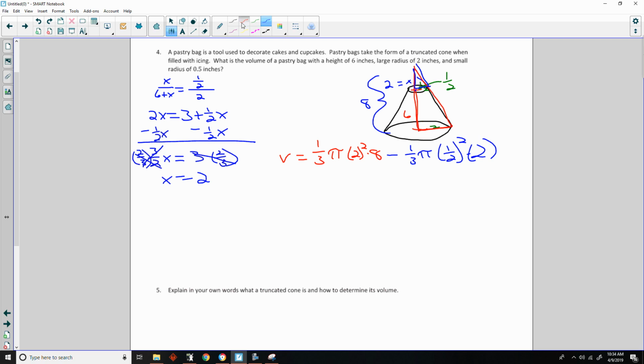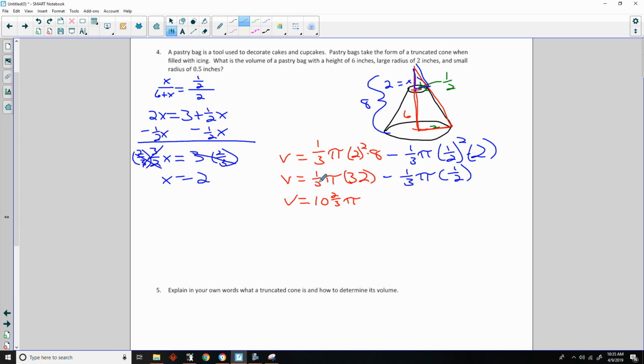Okay, now we just need to simplify this equation. Volume equals 1/3 pi. 2 squared is 4 times 8 is 32. Minus 1/3 pi. 1/2 squared is 1/4 times 2 is 1/2. And then we simplify. 32 thirds is 10 with a remainder of 2. So it's 10 2/3 pi.